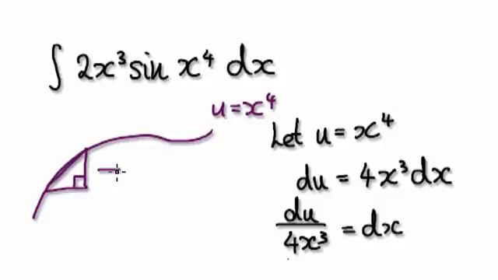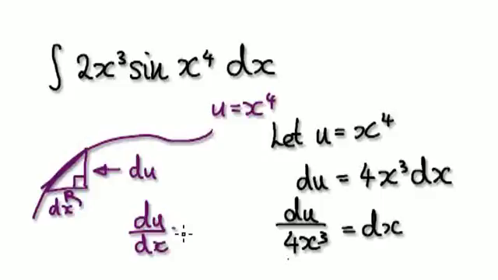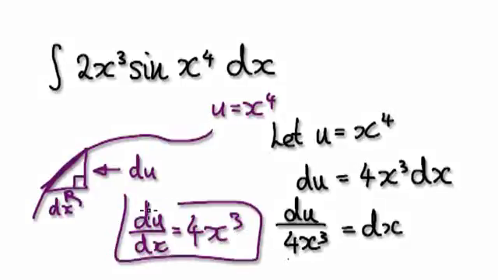This is our du here, and this is our dx here. You're comfortable with the true gradient being du by dx equals 4x to the power 3. So you can multiply this to this side here.